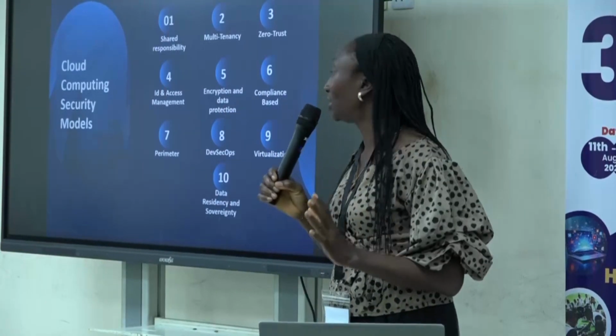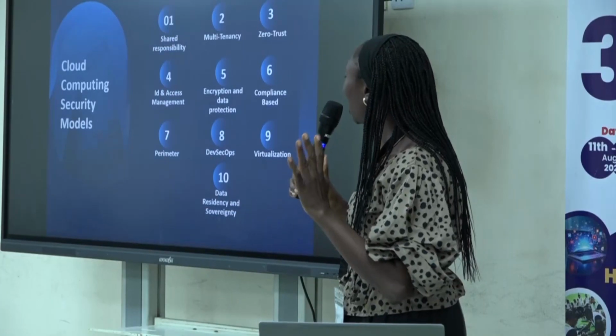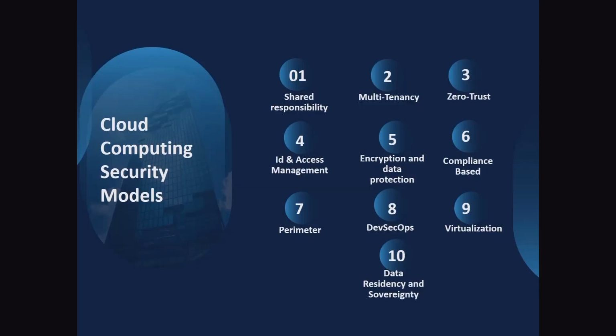Models represent what operations are around them. We have put up 10 that we're going to be looking at. Security models, I mean ways and techniques that have evolved over time in staying safe in the cloud. The first one is the shared responsibility model. Multi-tenancy model.